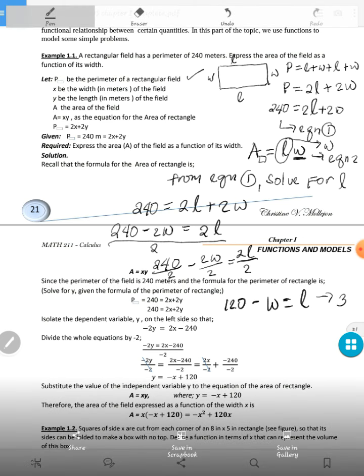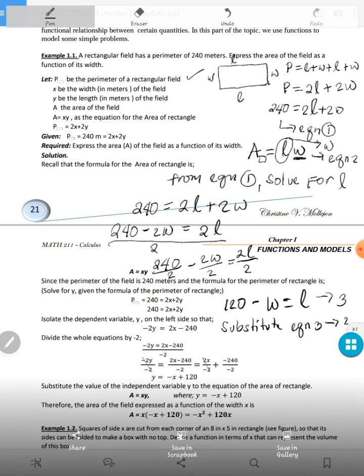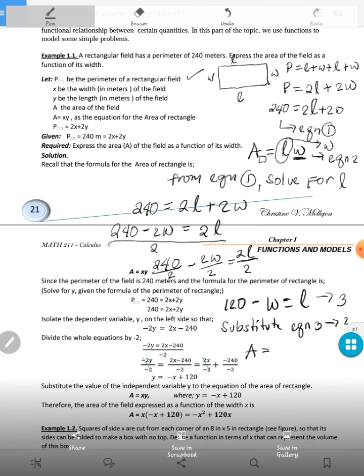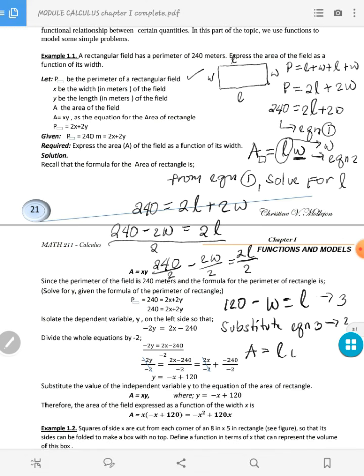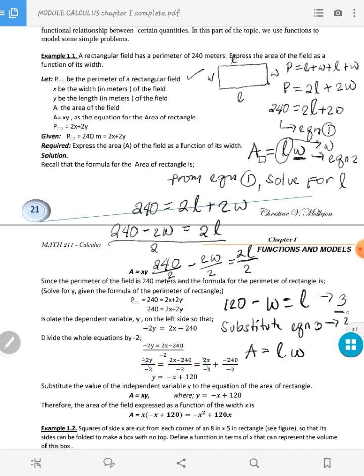The next step is to substitute equation 3 into equation 2. For equation 2, we have area equal to length times width. So we substitute equation number 3 into equation number 2.